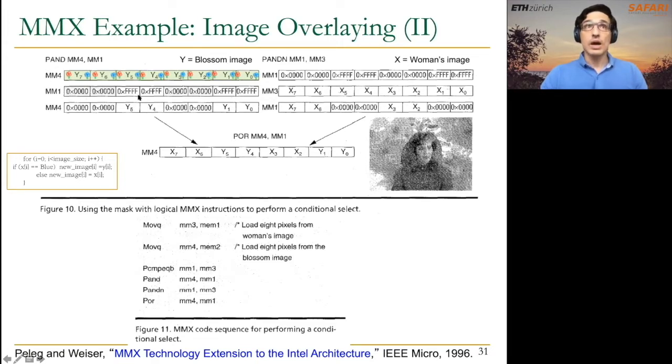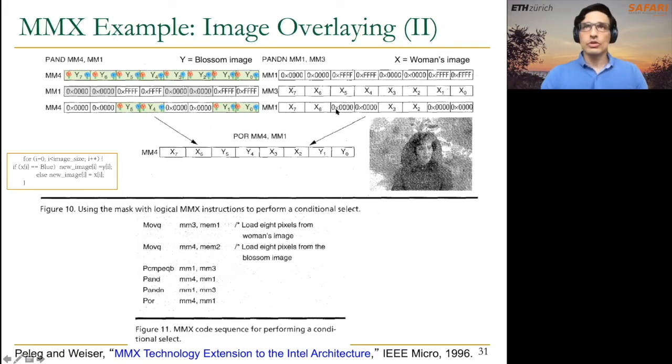Remember that this mask has some bytes that are zeros and some bytes that are ones. We apply it by using PAND, packed AND. So element-wise, we do an AND operation between a pixel of the blossom image and the corresponding position of the bit mask. This is what we finally have in register MM4.